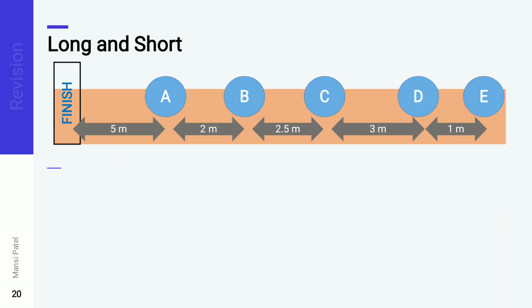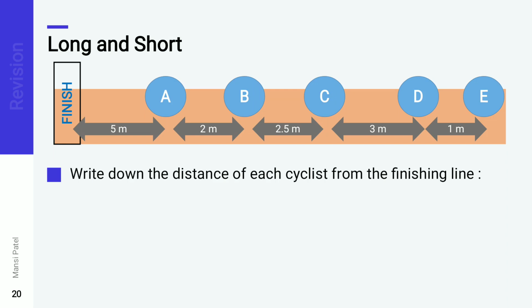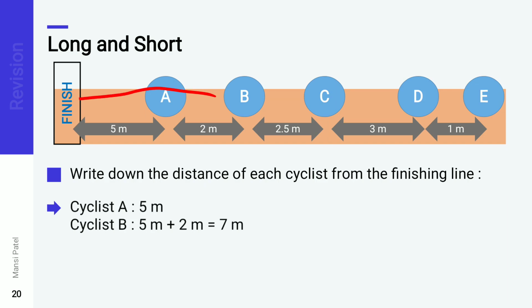Now your next question is, write down the distance of each cyclist from the finishing line. Cyclist A is 5 meter away from the finishing line. Now what about B?